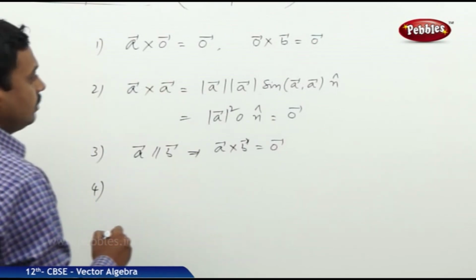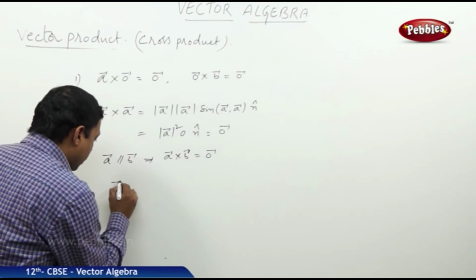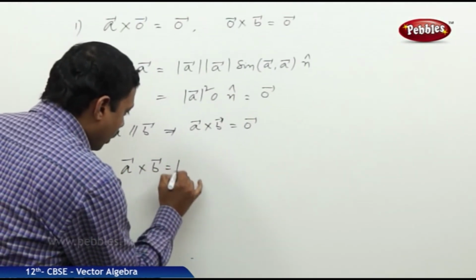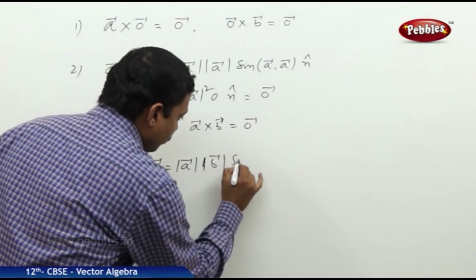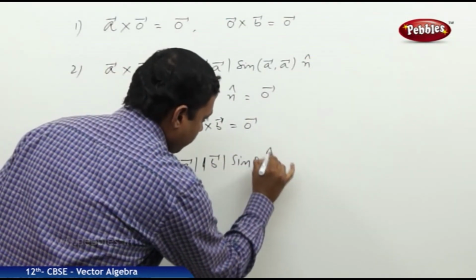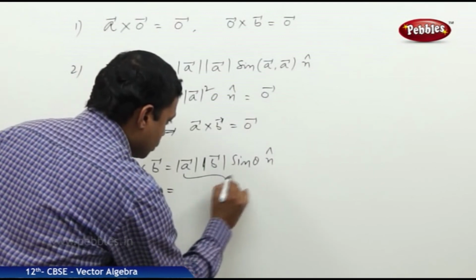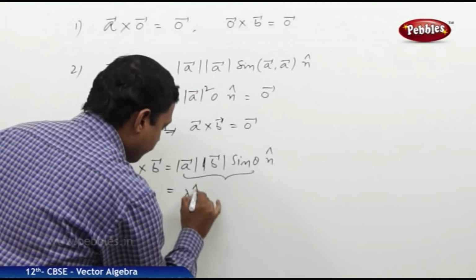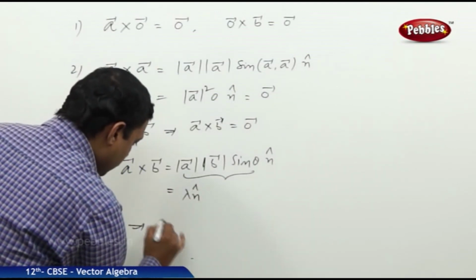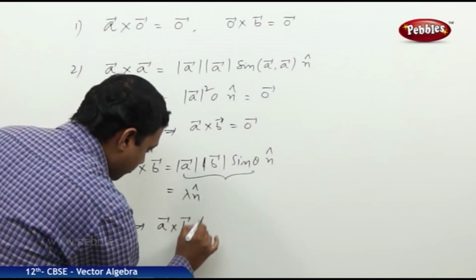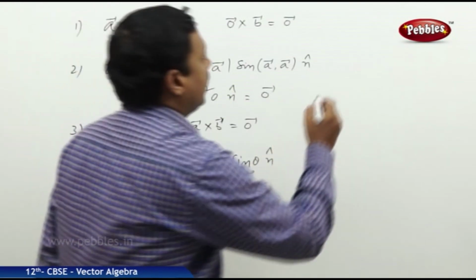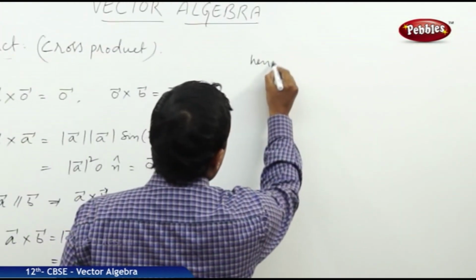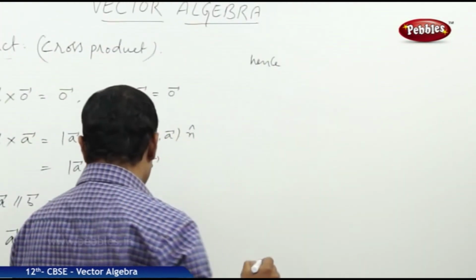Next, the fourth one. A cross B is equal to mod A mod B into sine theta into n cap. You know, it is always equal to some lambda into n cap. That implies that A cross B is parallel to n cap. But what is n cap?